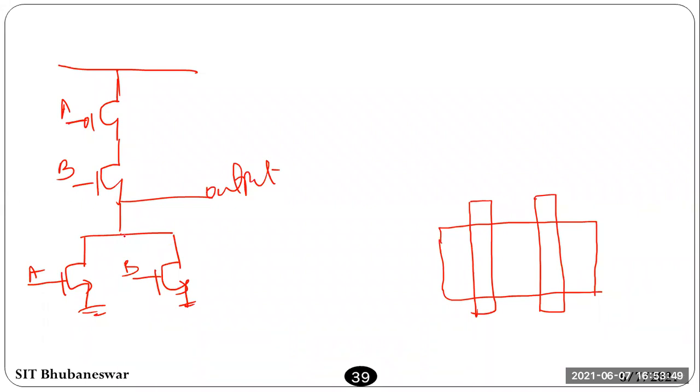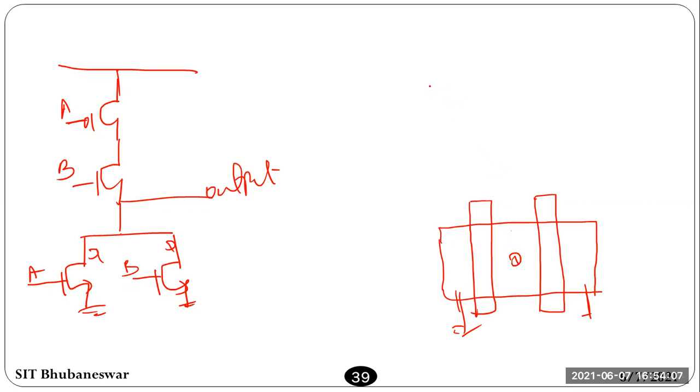Which part will be common? Either you make these two ground, and this is common. This is common means the drain of these two. So this is your drain.